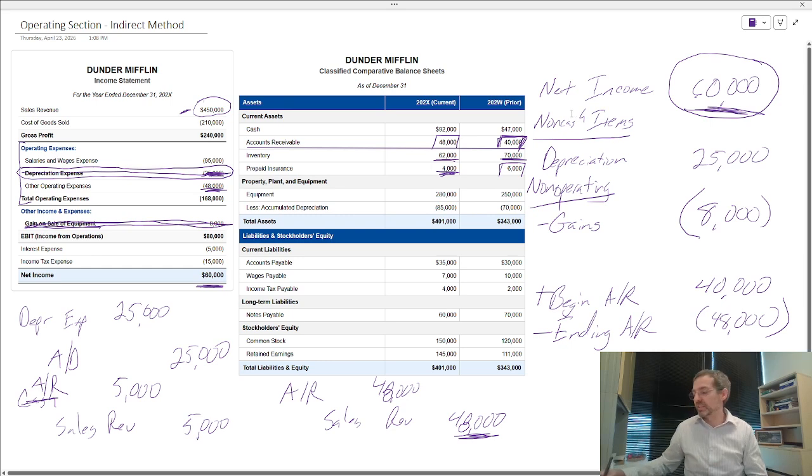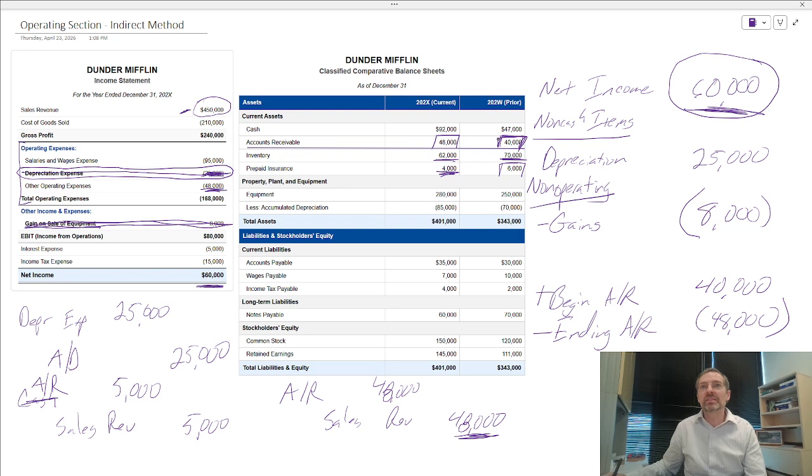So at the accounts receivable, we would say it went up $8,000. So add 40, subtract 48. That is a net of $8,000 cash out. So we would subtract it. And it is perfectly okay to put change in accounts receivable as just one line. We don't have to put add beginning and subtract ending.